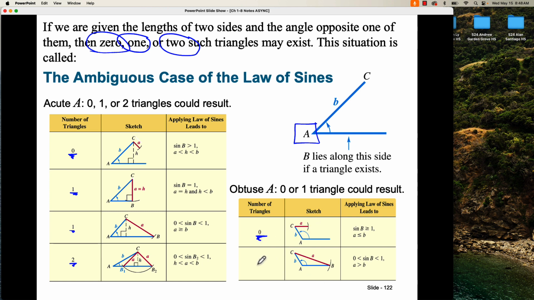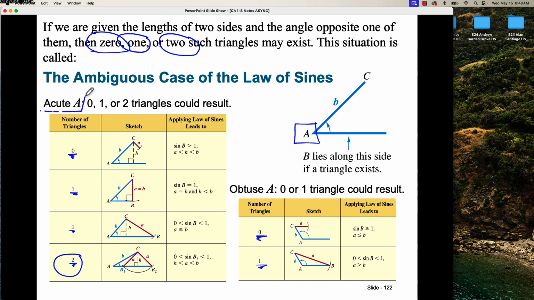And then here we have where one triangle exists, and we can see that with an obtuse angle A, this third side length, little a, would connect capital C and some capital B lying along this side right here. So if angle A is obtuse, there is no option for two possible triangles. So just noting that there.